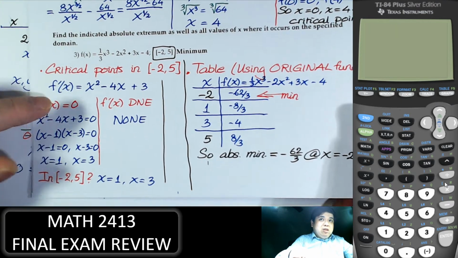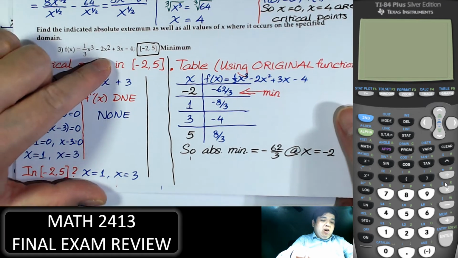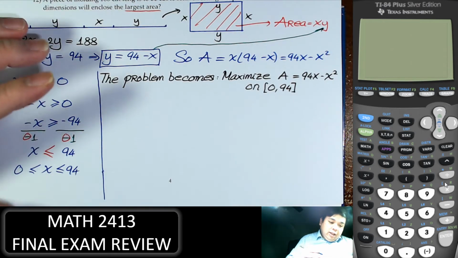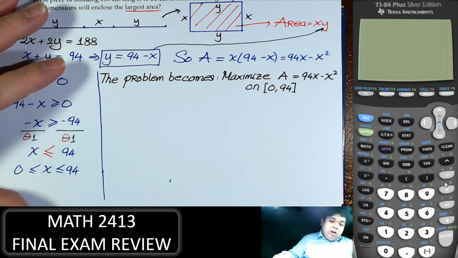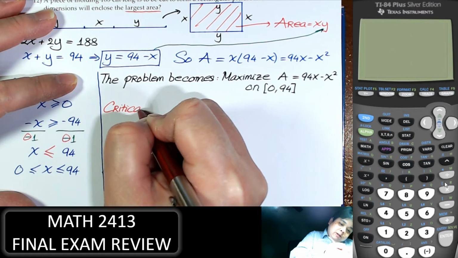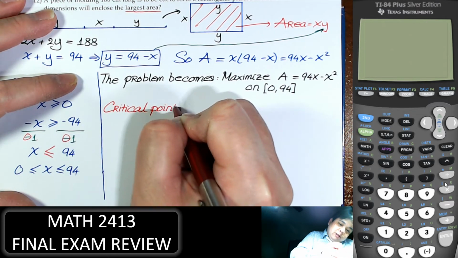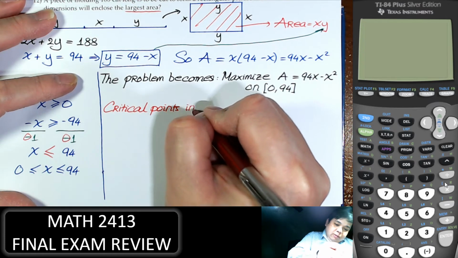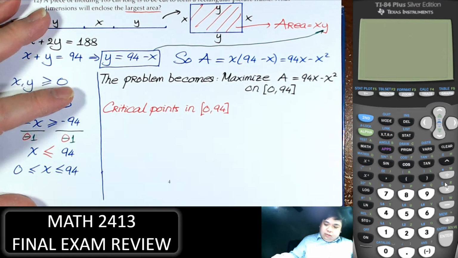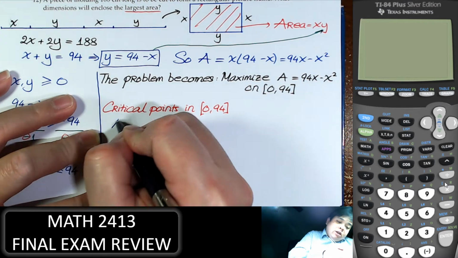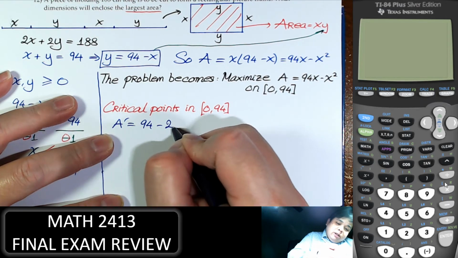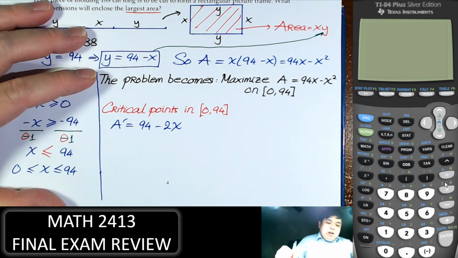Try to find the maximum or minimum of a function on a closed interval. Right. So find a critical point on the interval. Take the derivative, 94 minus 2x, and set it equal to 0.